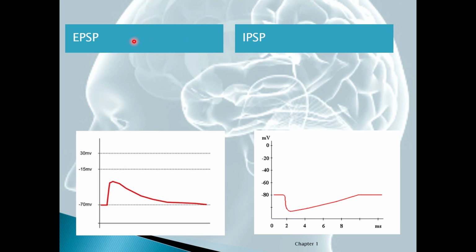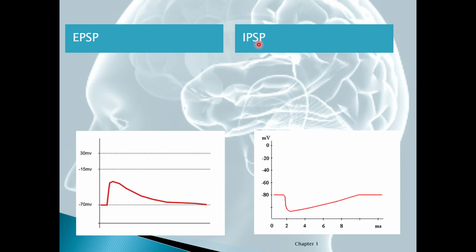Now remember, EPSP, that E stands for excitatory postsynaptic potential. The I stands for inhibitory postsynaptic potential. So if you think about those terms, the PSP, postsynaptic potential, this is what's happening on the postsynaptic side of the synapse, that receiving neuron, whether it's the dendrite or a cell body.